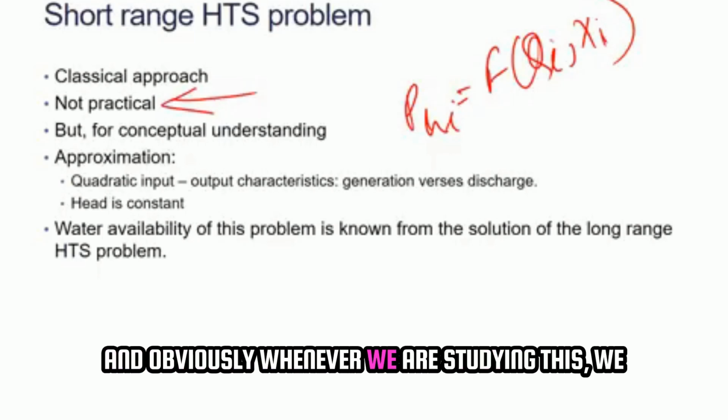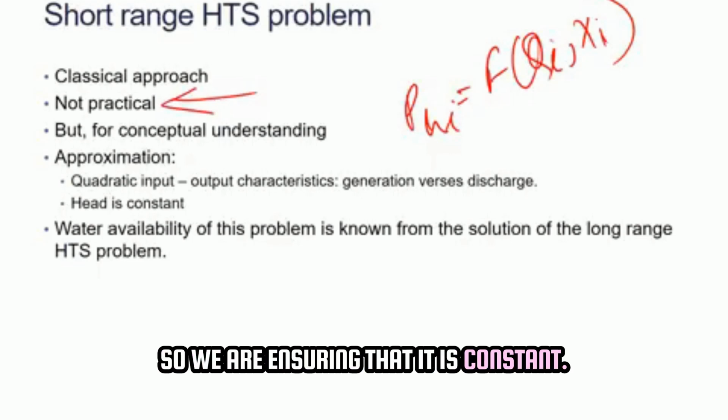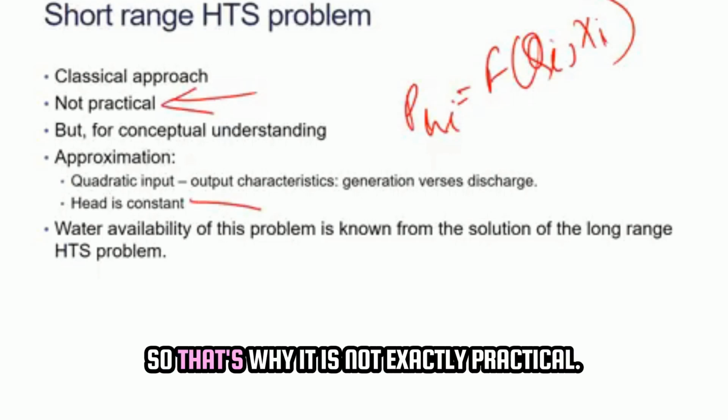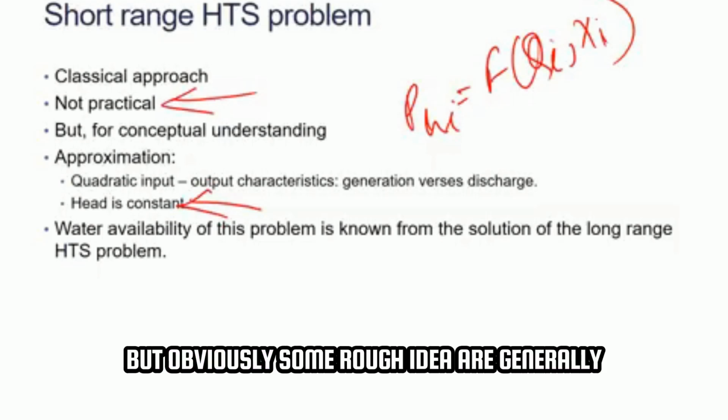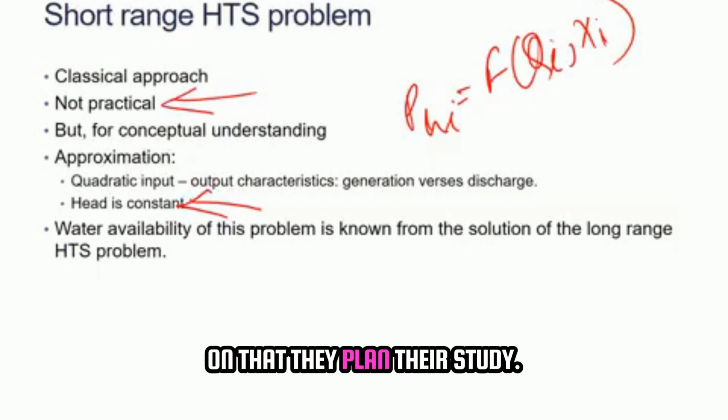Whenever we are studying this, we are ensuring that it is constant. So that is one approximation we make. That's why it is not exactly practical, but obviously some rough idea is generally there with the power plant owners, and based on that they plan their study.